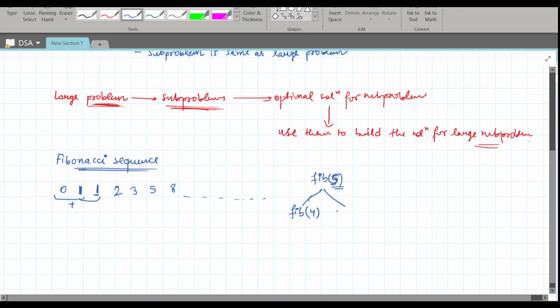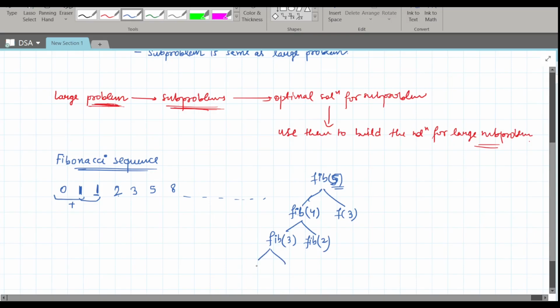Then we recursively call fib 4, which gives fib 3 and fib 2.